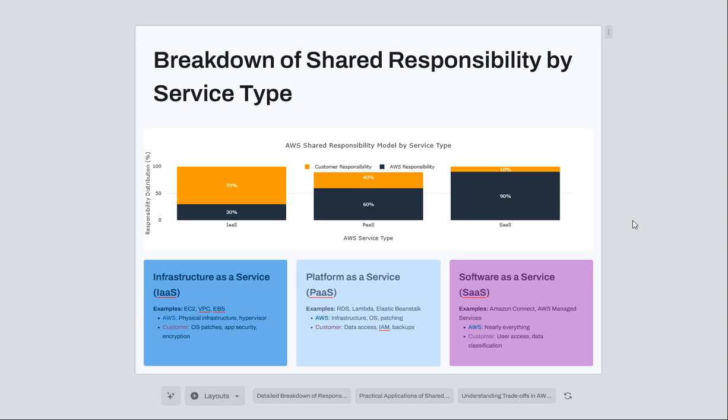You need to remember that going from infrastructure as a service to software as a service, the customers' responsibilities decrease and AWS's increase, and the other way around. From SaaS to IaaS, AWS responsibilities decrease and customers' responsibilities increase. You just need to remember how much shared responsibility is allocated to both parties.